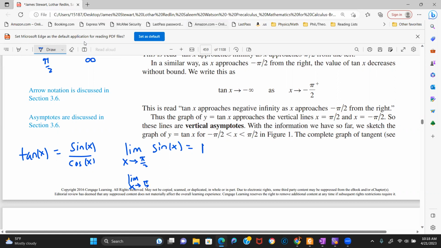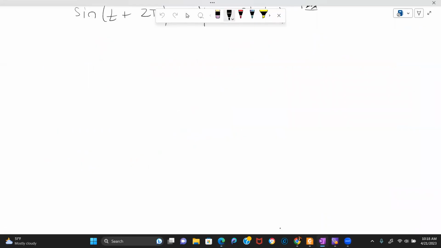Let me pull up OneNote and make it easier. Let's think about another reason why the limit as x approaches pi over 2 from the left goes off to infinity.